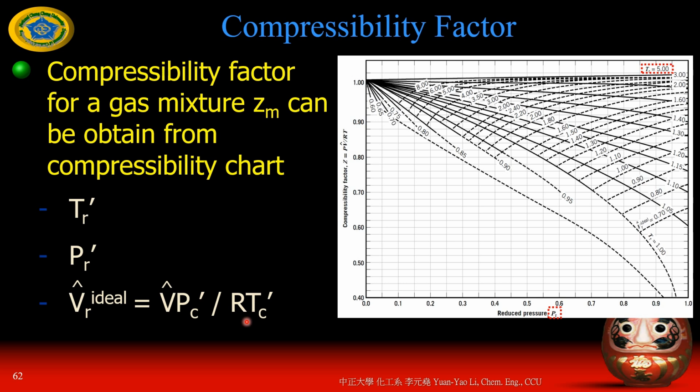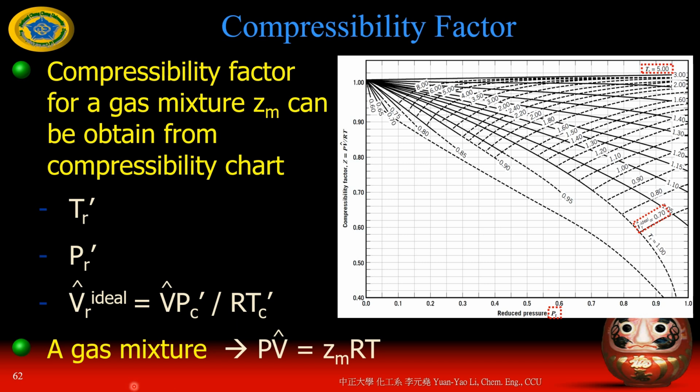The difference is it becomes a pseudo condition. So let me give you an example. For a gas mixture, you have P times V equals ZM, M stands for mixture, right? RT.